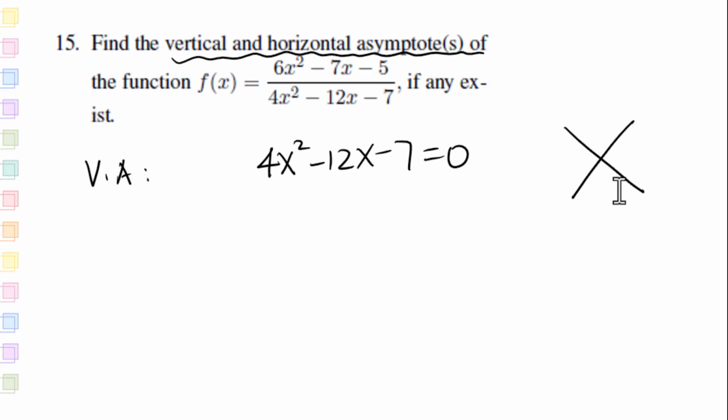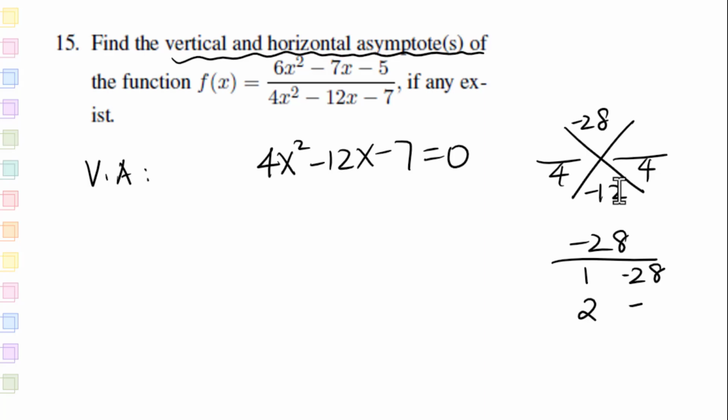Ninja x, 4 times negative 7, negative 28, negative 12, over 4, over 4. Negative 28, 1 times negative 28, adding is not negative 12. 2 times negative 14, adding is negative 12.